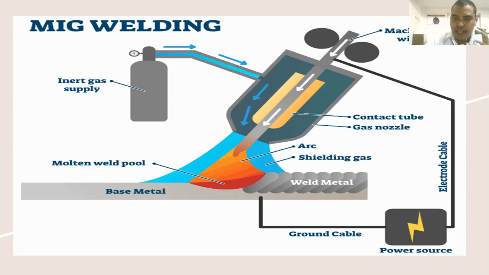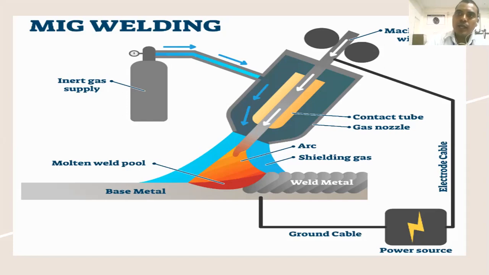So in the operation of MIG welding, with the help of the inert gas, the welding arrangement, and the voltage and current, we generate the electricity, and this electricity is used to join the metal. We are using a consumable electrode in this MIG welding.